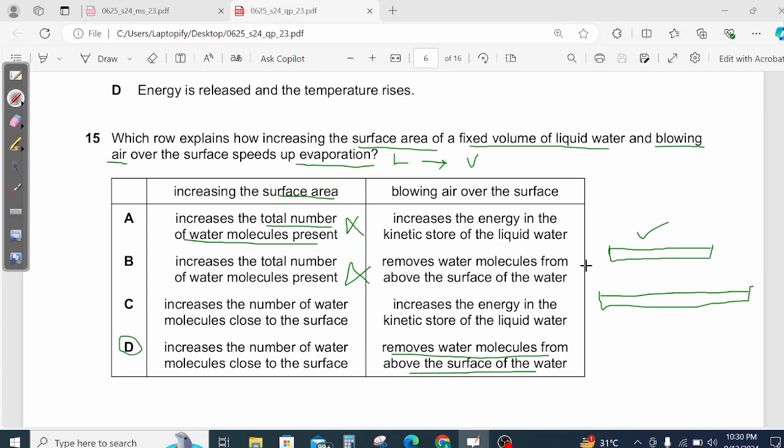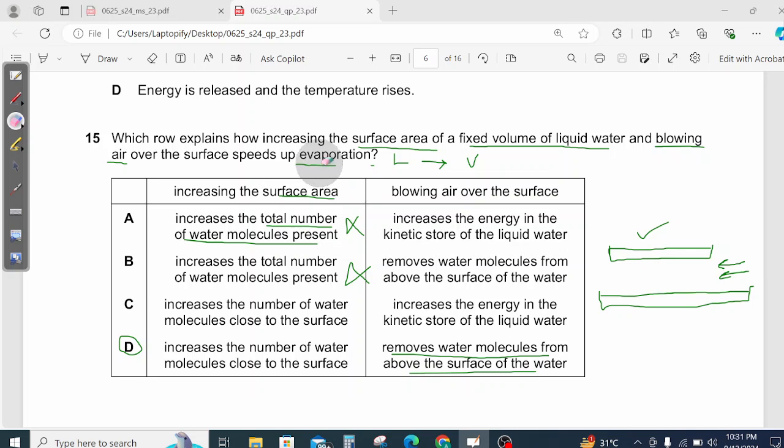For example, water molecules are always available on the surface, and when air is blowing above the surface, the water molecules get more chance to escape from the surface of the water. As a result, the water molecules convert into vapor form. That's why option D is the correct option.